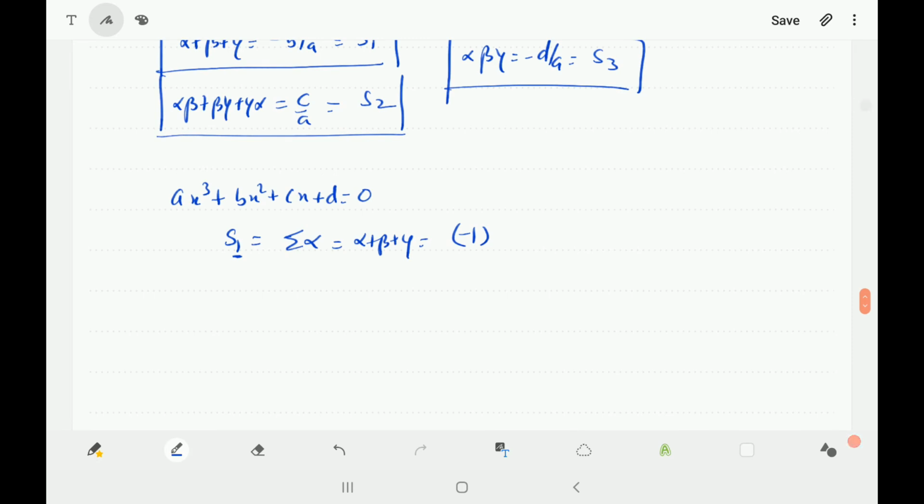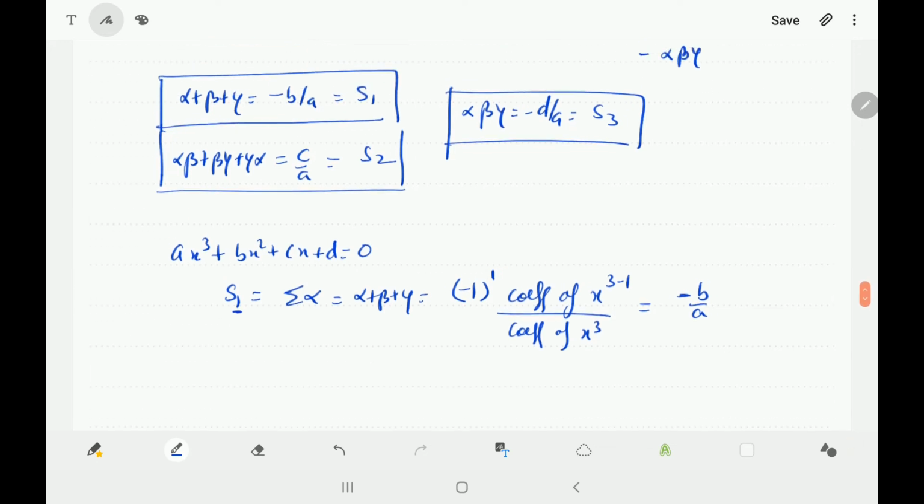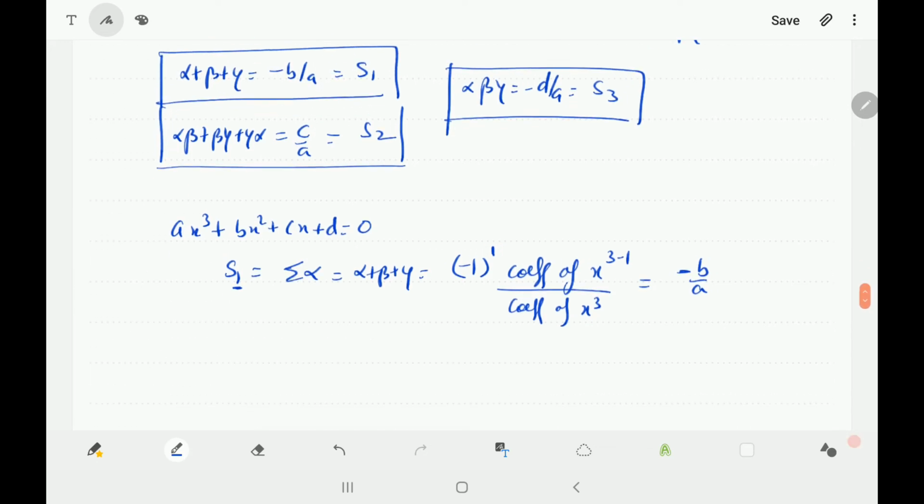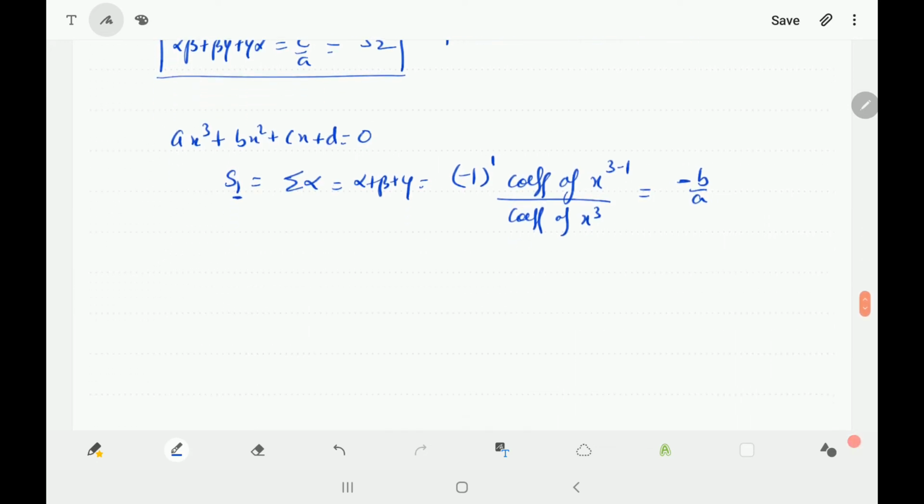So S1 is the sum of roots taken 1 at a time. So minus 1 raised to the power 1, coefficient of x raised to the power 3 minus 1 upon coefficient of x raised to the power 3. So the value will be minus coefficient of x square, which is b by a. So S1 is minus b by a, which is matching with what we have calculated right away.